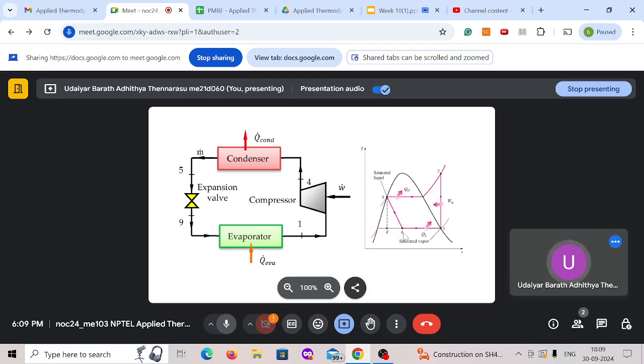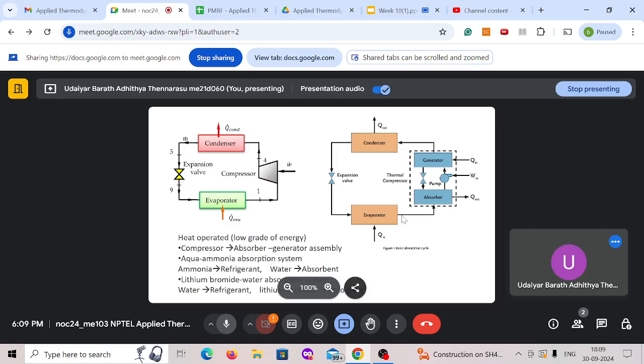So 3 to 4, then 4 to 1 is your evaporator, where you are getting the required cooling. So this is a vapor compression refrigeration system. So what happens in a vapor absorption refrigeration system?